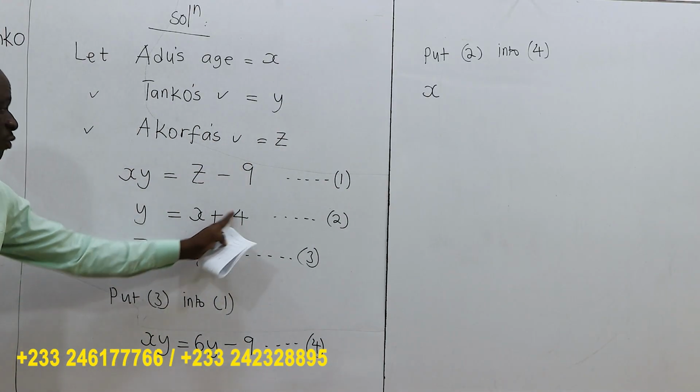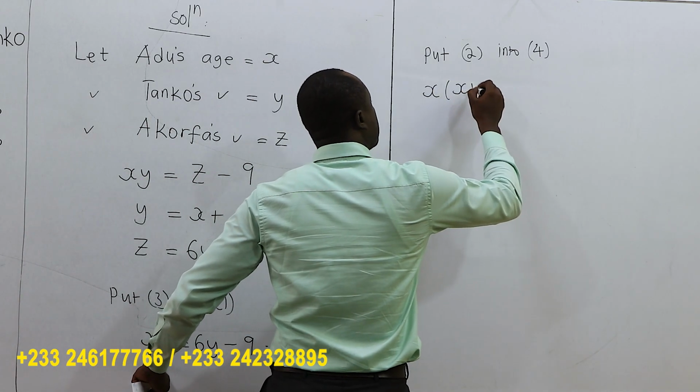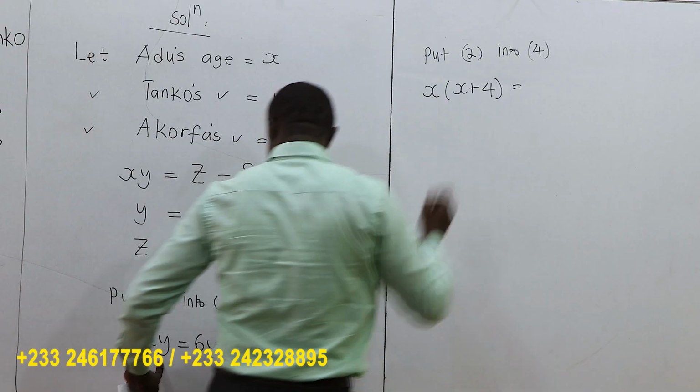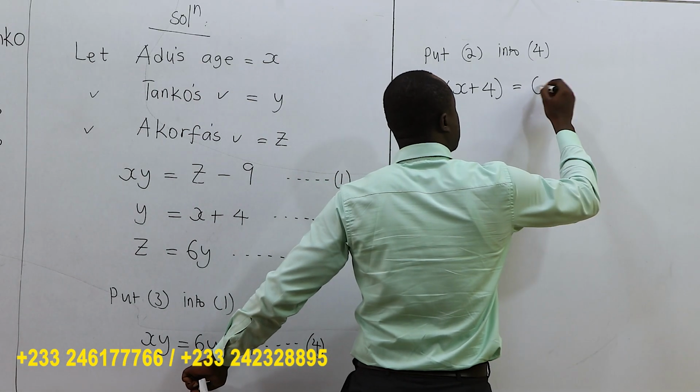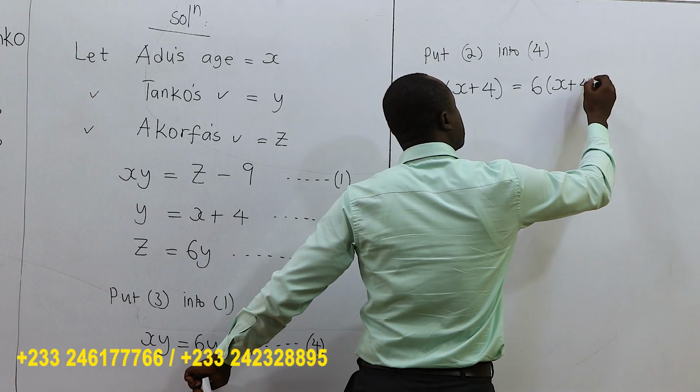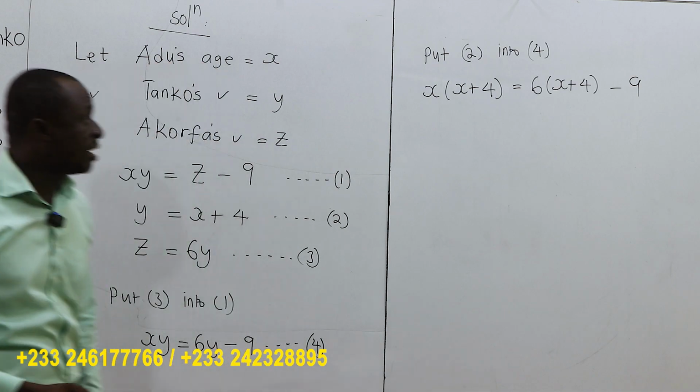Y is X plus 4. So wherever we see Y, we put X plus 4. So we have X(X + 4) equal to 6Y, but what is our Y? X plus 4, minus 9. And from here we can find X.